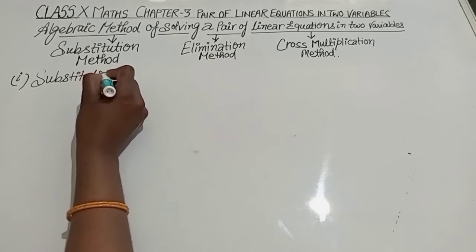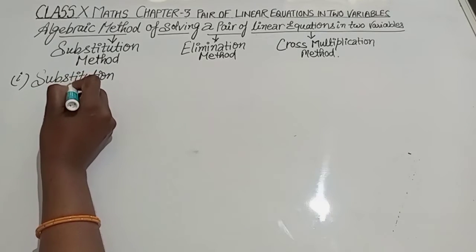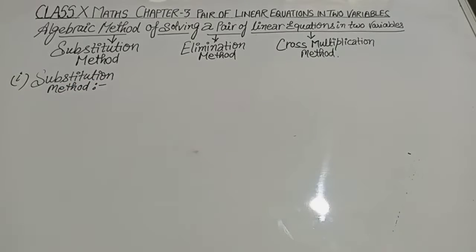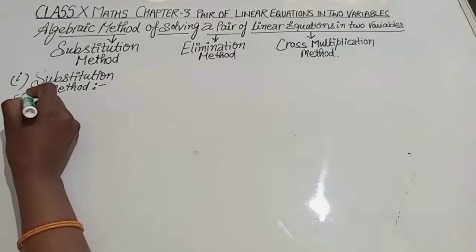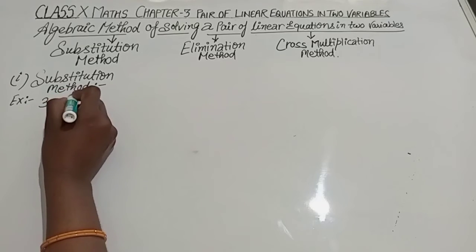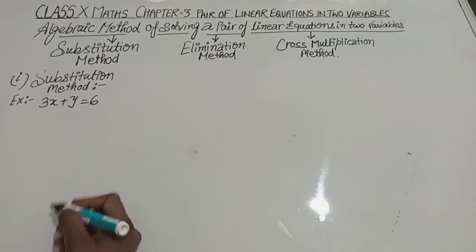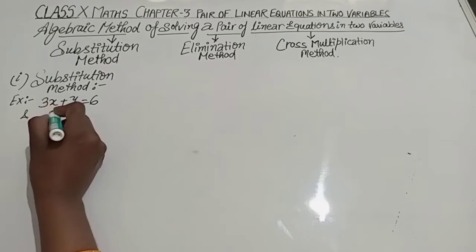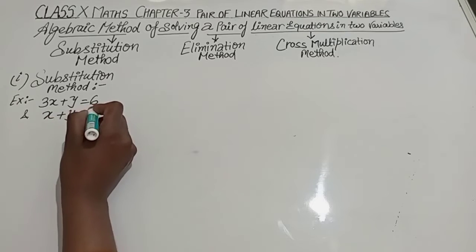What is the substitution method? Substitution means you substitute the value from the first equation into the second equation in terms of a single variable. We will solve this by example, so let's take an example: 3x plus y is equal to 6, and x plus y is equal to 4.